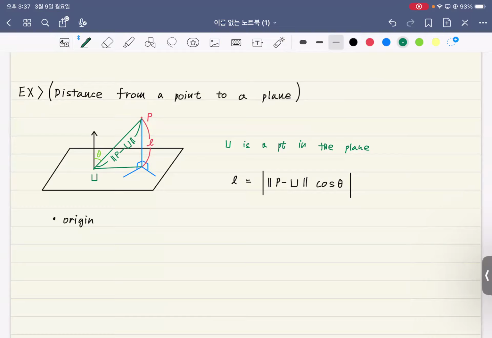Okay. And this is the normal direction. Sorry, I was just a little confused. Suppose that this normal vector n is a unit vector.